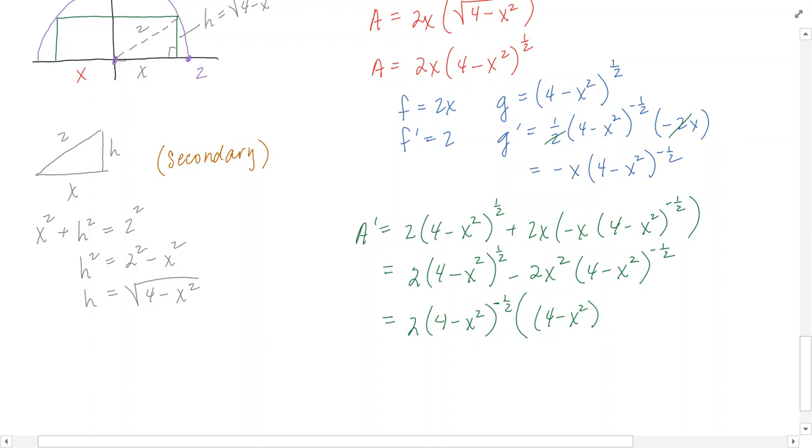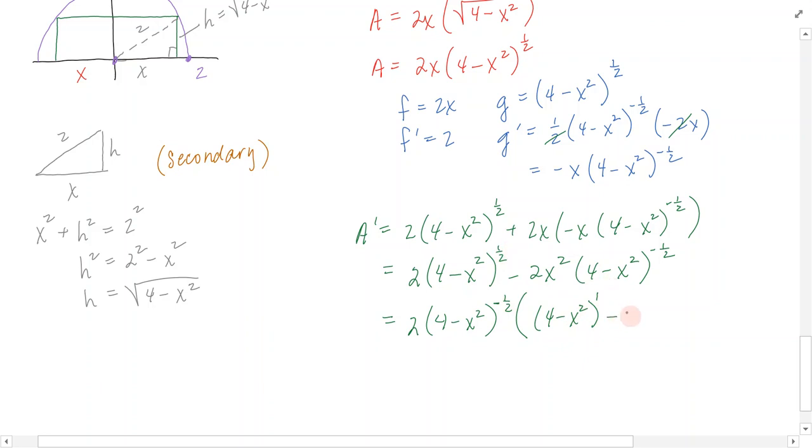Think about that before I go any further. Remember, if I take what I just took out, multiply it back in, it needs to give me back an exponent of 1/2. So when we multiply bases that are the same, we add the exponents, which is why this 4 minus x squared that's staying in the parentheses down here is to a power of 1, because negative 1/2 plus 1 is a positive 1/2.